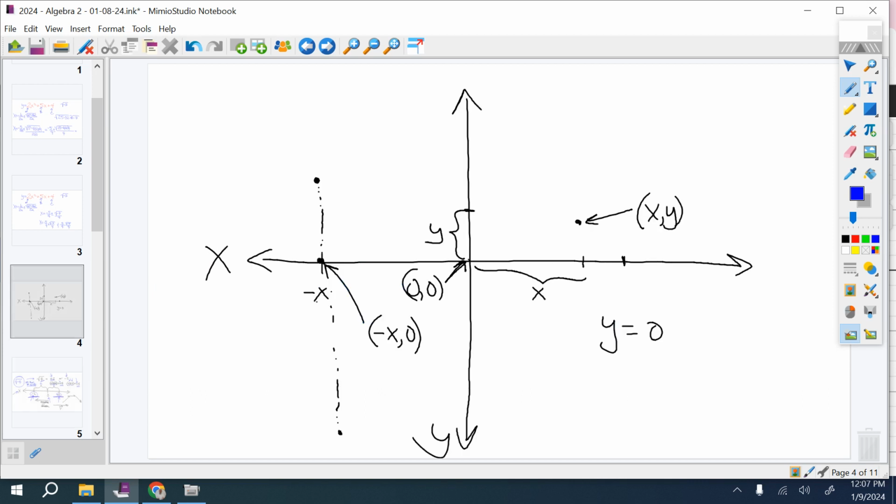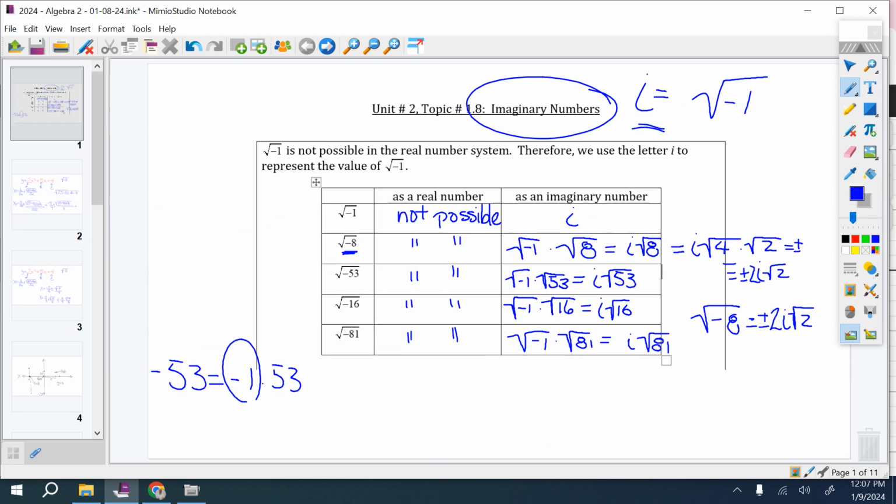Since we know that, we can go back to our original question and say it is not possible in the real number system to get a value that would give us the square root of -1. We would also not get a value for the square root of -8 or -53 or -16 or -81.